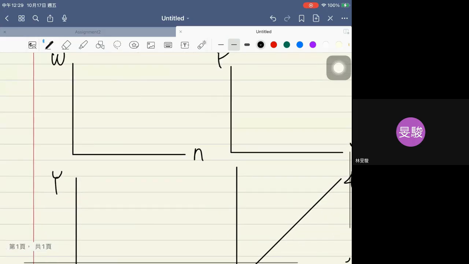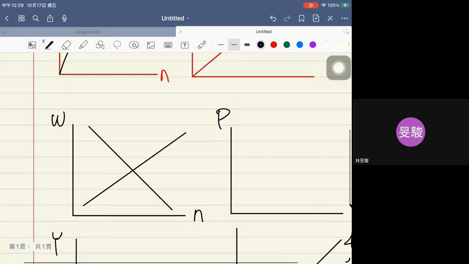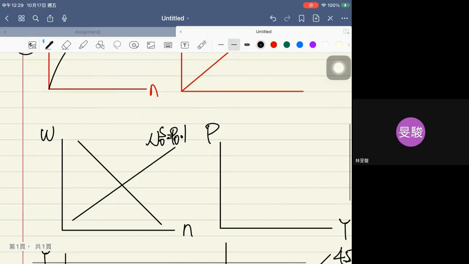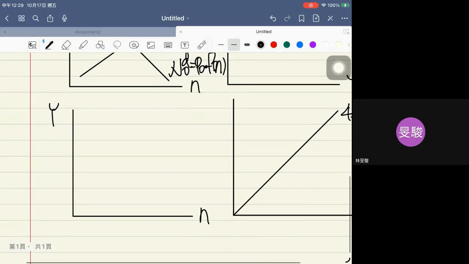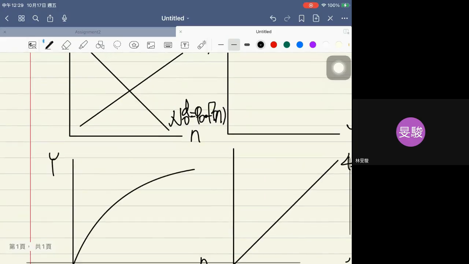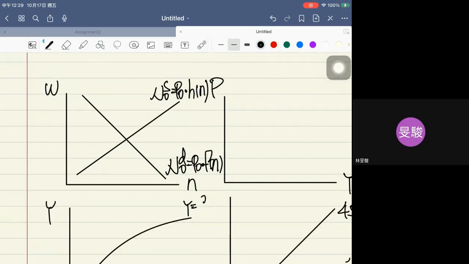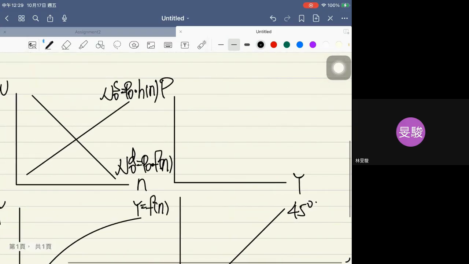I draw the initial scenario, and this is P0.